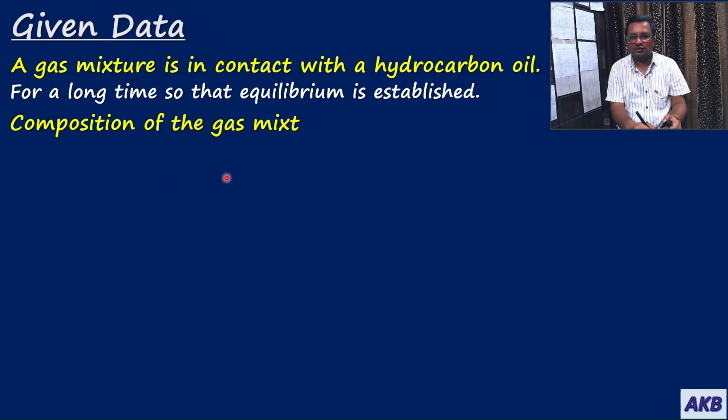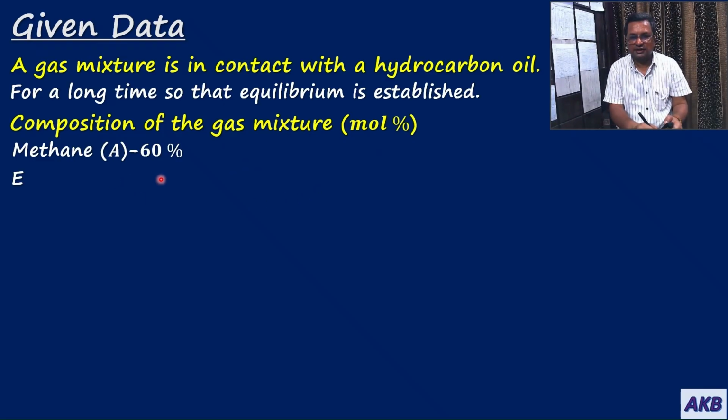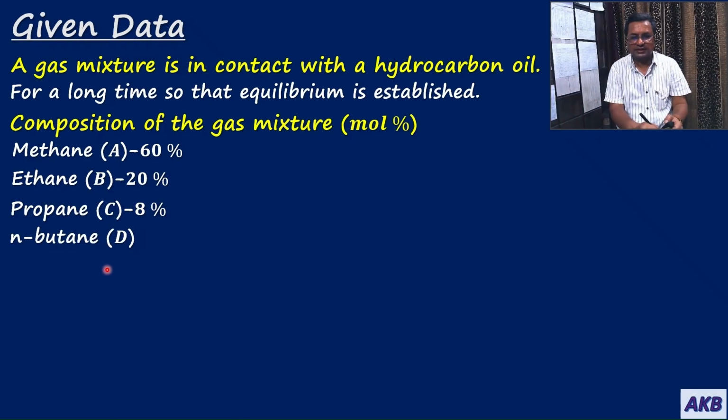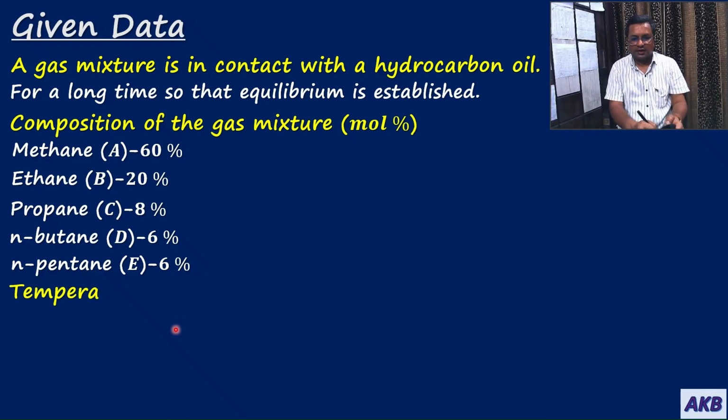The composition of the gas mixture at equilibrium is given in mole percentage. Methane, that is A, is 60%. Ethane, that is B, is 20 mole percent. Propane, that is C, is 8 mole percent. N-butane, that is D, is 6 mole percent. N-pentane, that is E, is again 6 mole percent.